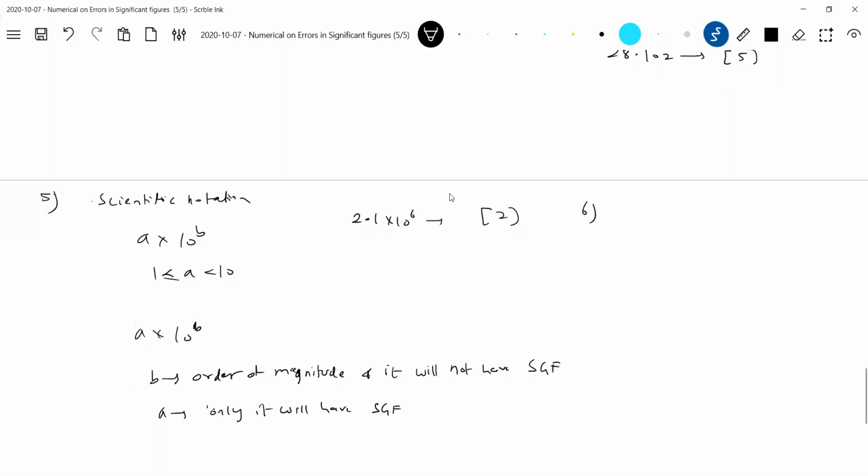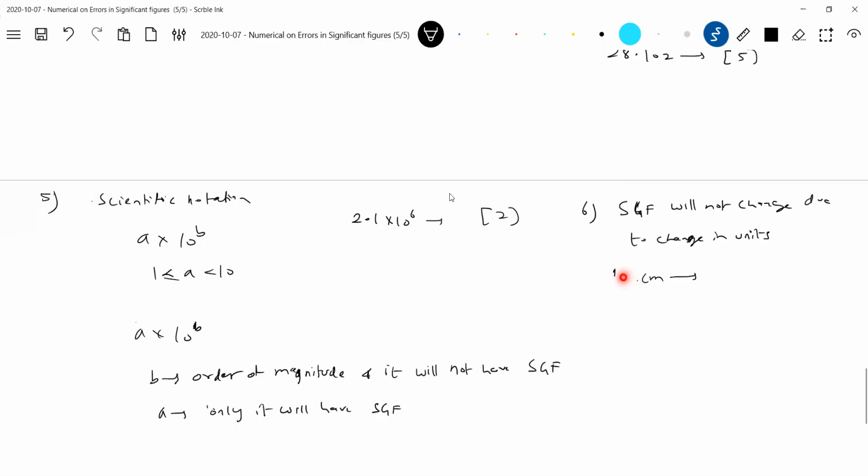Next one more: significant figures will not change due to change in units. Now, 100 centimeter is there, and I want to convert into meters. Tell me how I should write.